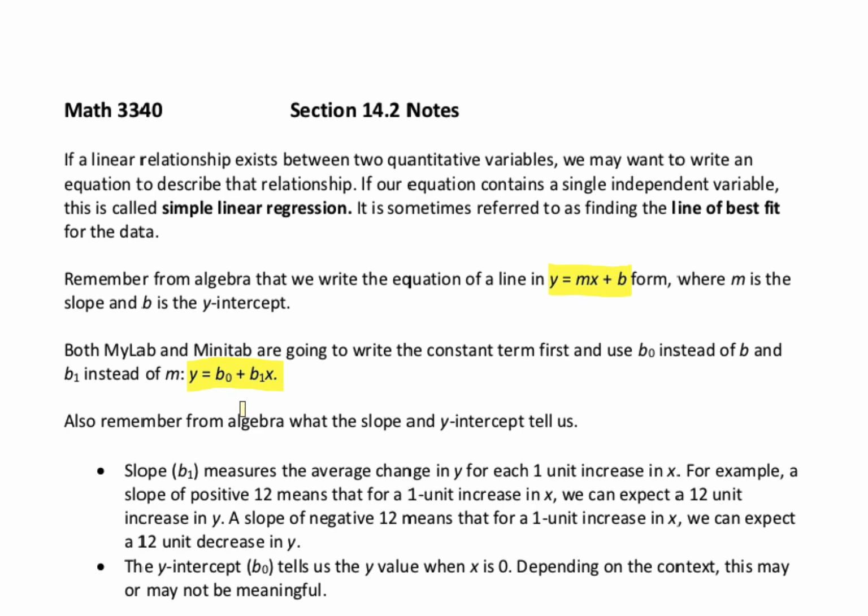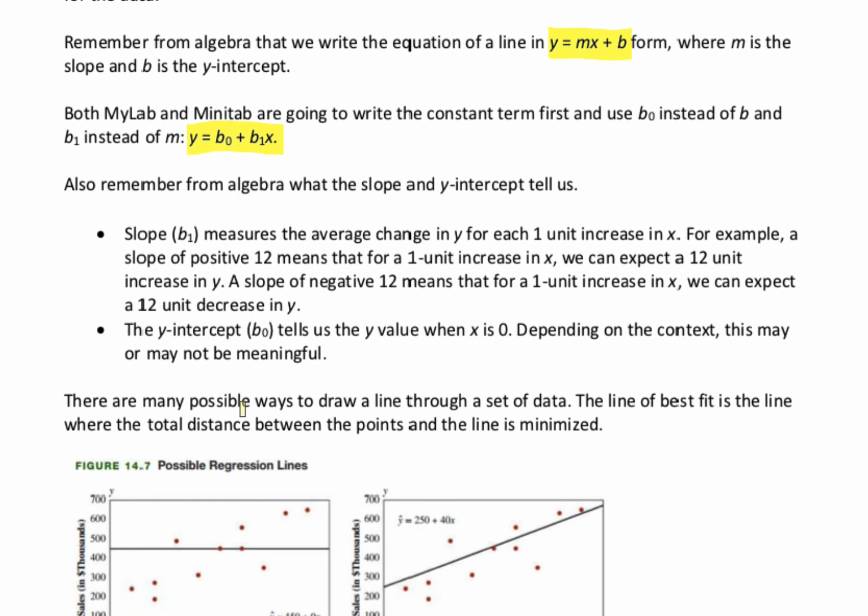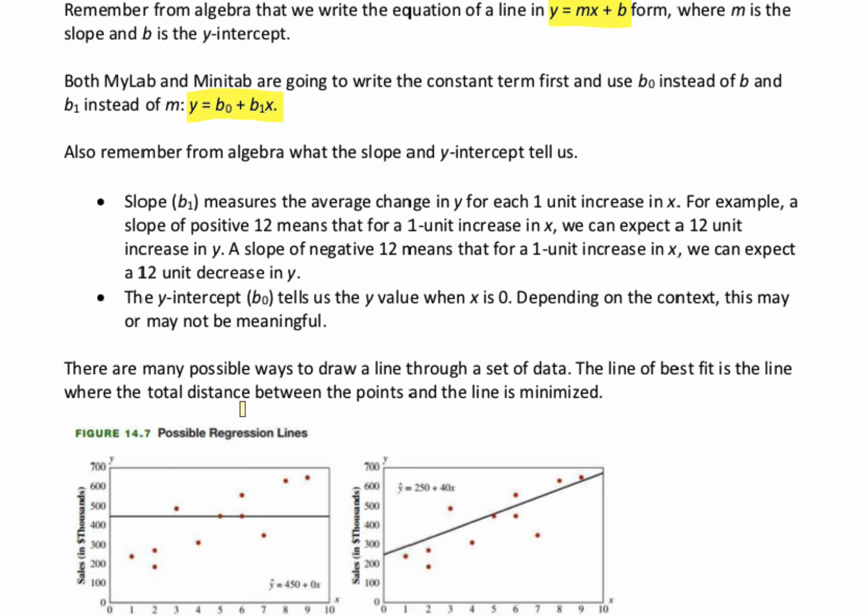And we also want to remember from algebra what the slope and y-intercept tell us about the situation. Slope is the average rate of change in y for each 1 unit increase in x. And so, for example, if I have a slope of 12, that means that for each 1 unit increase in x, my y value is going to increase 12 units.